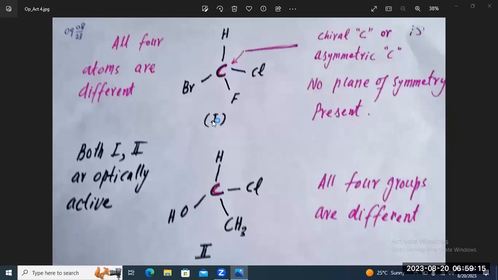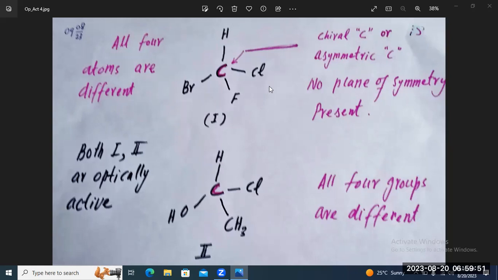Here see example 1 and example 2 of the molecules which are optically active. In the first example, you see the carbon here, which is bonded to 4 different atoms: hydrogen, chlorine, fluorine, bromine. So this carbon is chiral carbon, also called asymmetric carbon. Now in this molecule, there is no symmetry element.